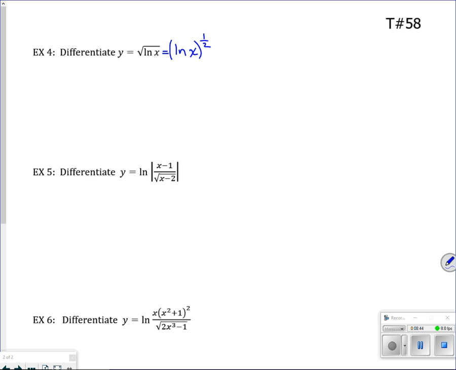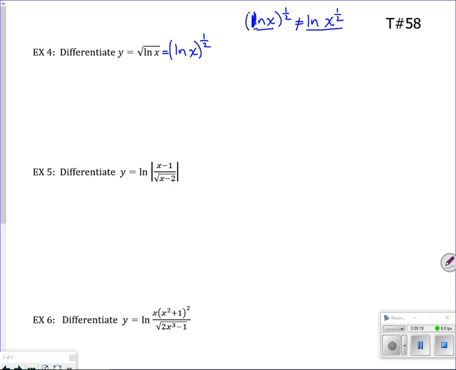So I want to be very clear that the natural log of x to the 1/2 is not the same thing without those parentheses, because here what's being raised to the 1/2 is the natural log of x, whereas here what's being raised to the 1/2 is just the x. So make sure that you know the difference between the two of those.